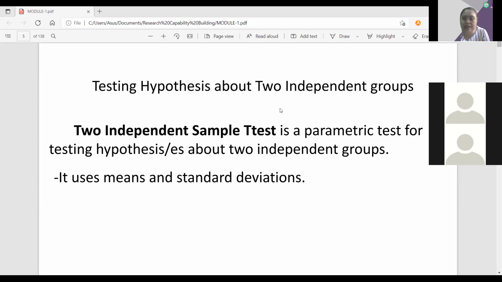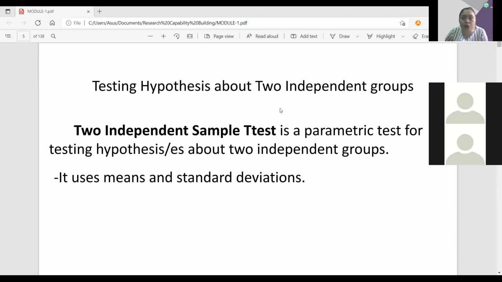Number one, your data should be normally distributed. If we graph your data, we will have a bell-shaped curve. Now, if you have outliers or extreme values in your data, that will make your data not normally distributed.